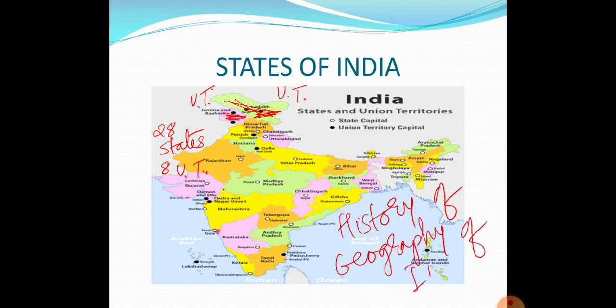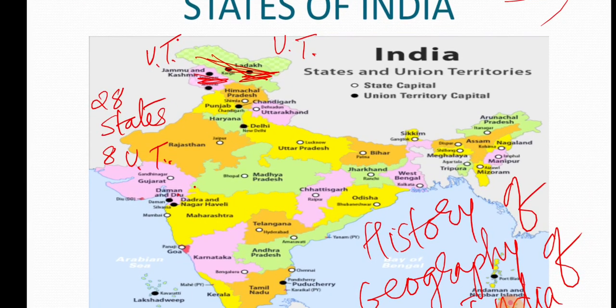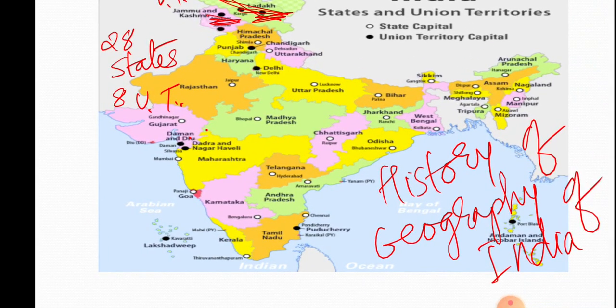Okay, we'll see the history of geography of India, and in the last video, if you comment, I'll cover the different terms like strait, ghat, equator, tropic of Cancer, why there are days and nights, seasons change. That will be done in the third video.